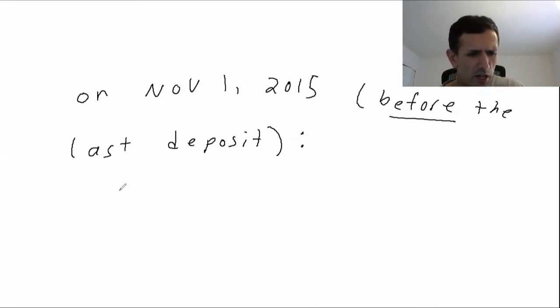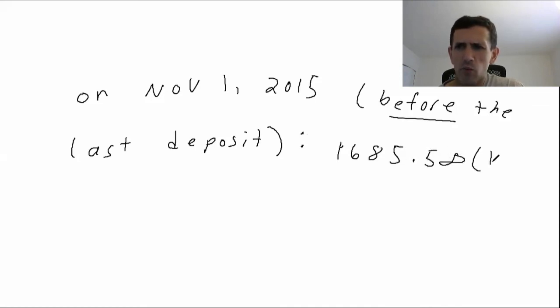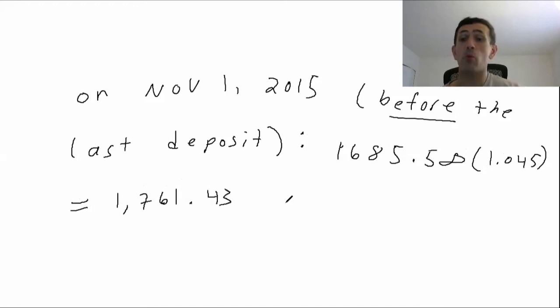Well, there's really not a whole lot to this. It's 1658.58 times 1.045. And that's going to be equal to $1,761.43. But we want $2,000 on November 1st, 2015.